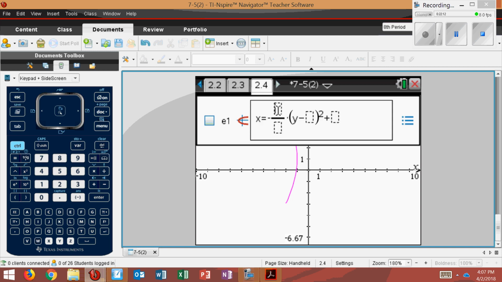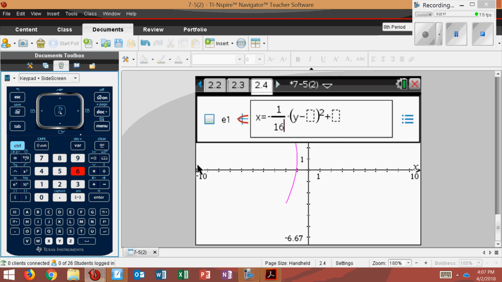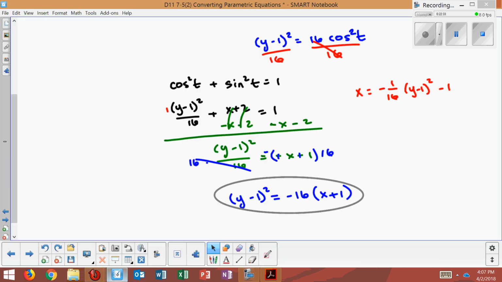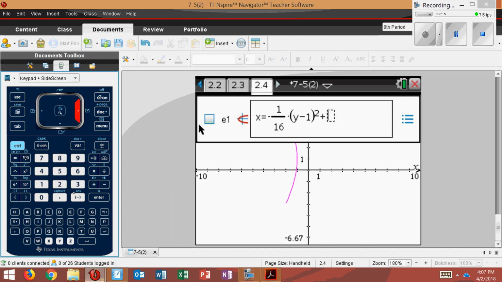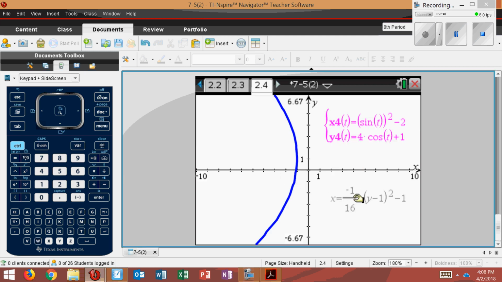Let's try this again. 1 over 16 of y minus 1. I put the wrong minus. Let me change this to a negative 1. No, it needs to be minus 1. We already had the minus. There we go. And then finally on the outside, we had minus 1. So I put a negative 1 there. Hit enter. You'll see it's the exact same graph. So we did do it correctly.